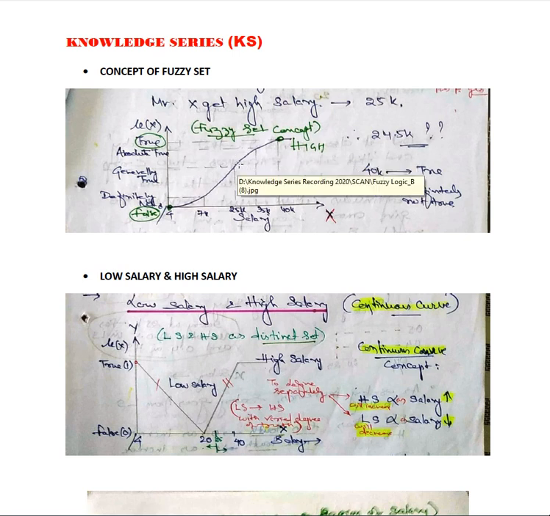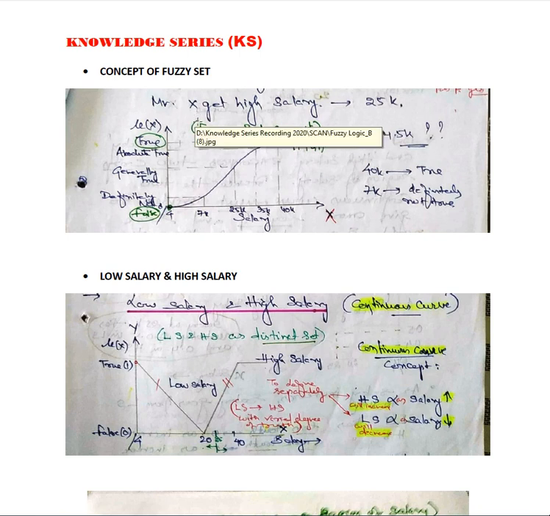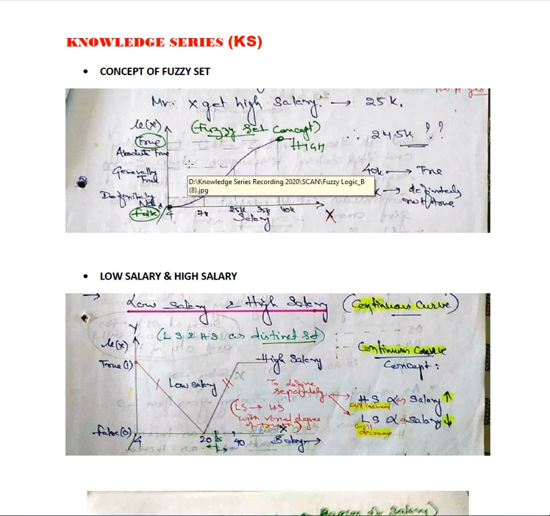As I have already termed, fuzzy set or fuzzy logic is basically not a logic, but a logic that describes the fuzziness. And the fuzziness is characterized by the membership values.